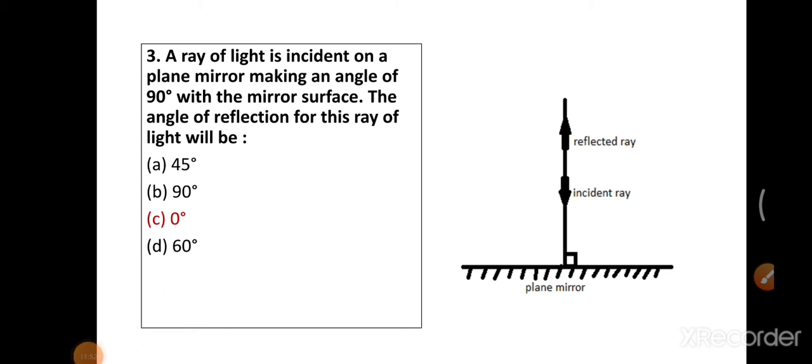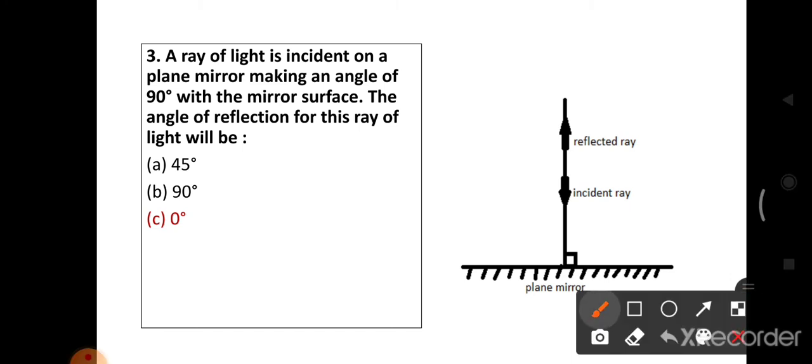A ray of light is incident on a plane mirror. This is a plane mirror. A ray of light is incident on a plane mirror making an angle 90 degree. So this incident light makes an angle 90 degree with the mirror surface.